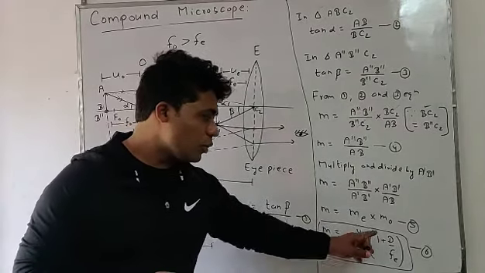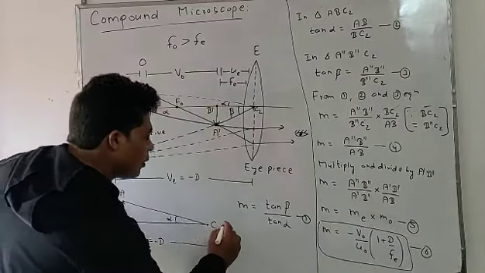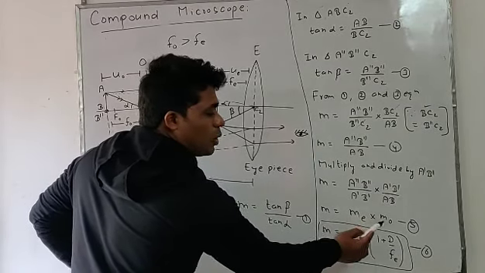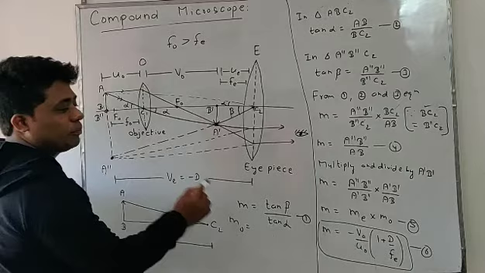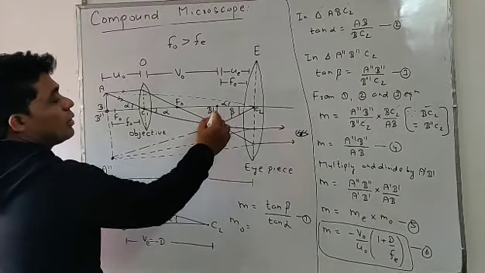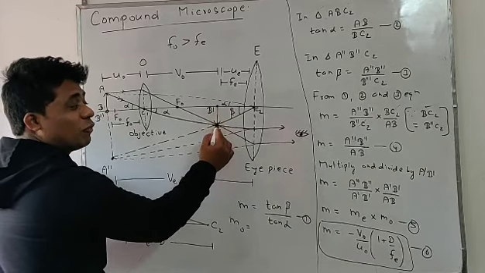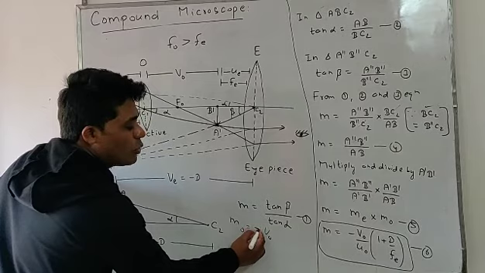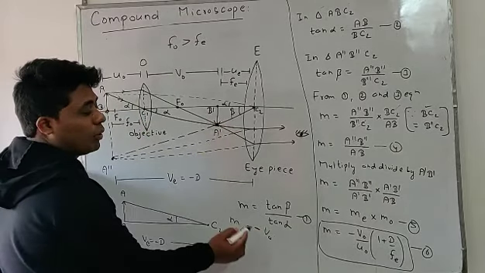Okay, and we know m naught. How can you find m naught? M naught is the magnifying power of the objective lens. A dash B dash is the height of image for the objective, minus V naught. Why do we use the minus sign? Because it is inverted.